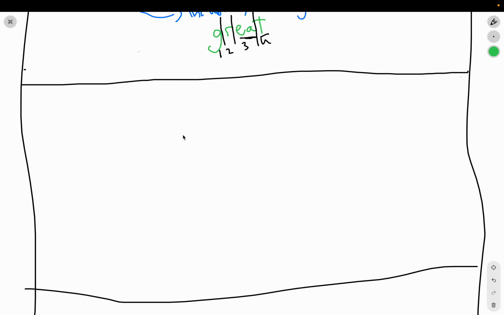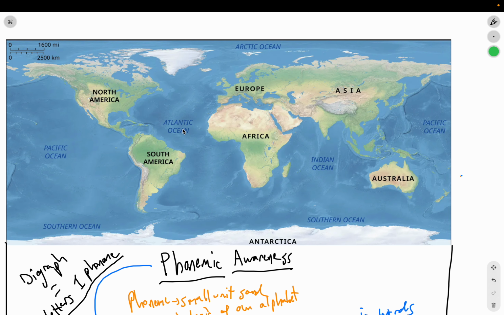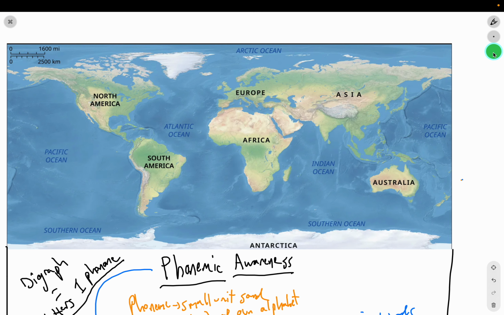I'm not going to say too much about this, but it is worth appreciating that phonemic awareness is very particular. It's a skill that's particularly important for learning the English language, and different languages have different logics, different histories, different patterns, and different types of spelling codes, and those lead to different challenges.